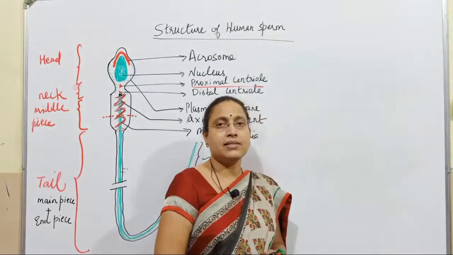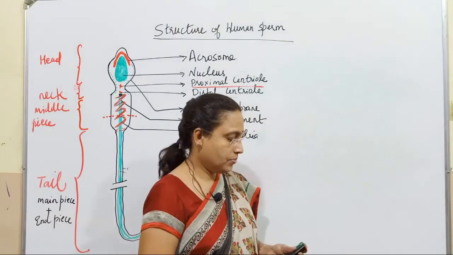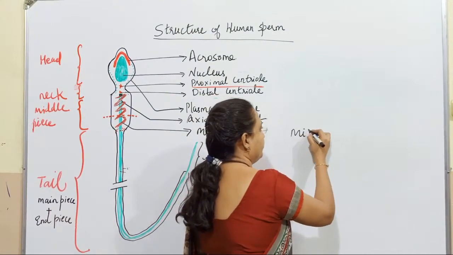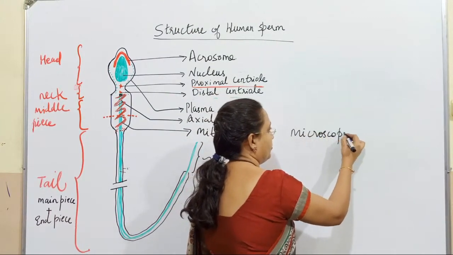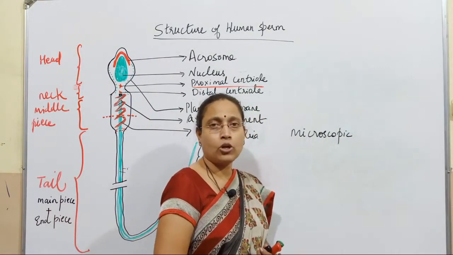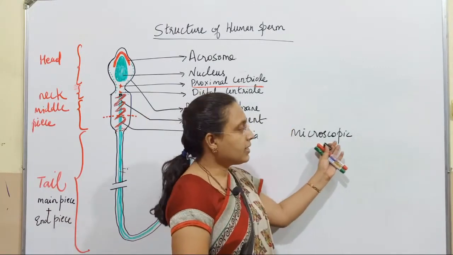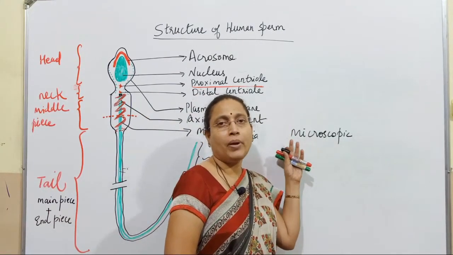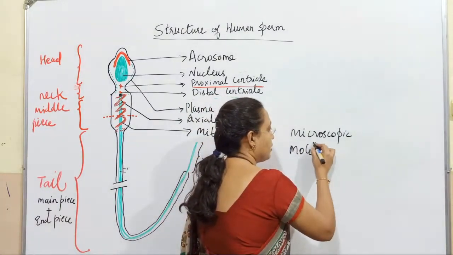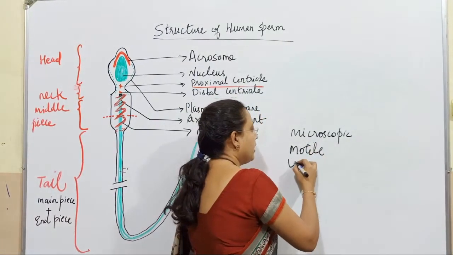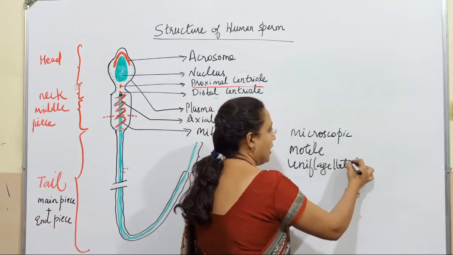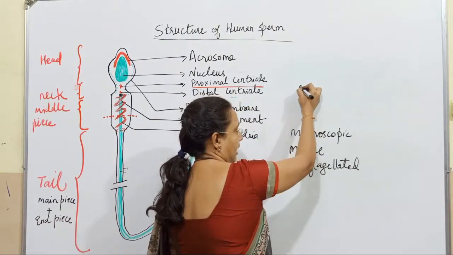Now, can sperm be seen with the bare eyes? Sperms are microscopic, because the width is only up to 3.5 microns. So overall it is a very small microscopic structure. It is microscopic, it is motile, it is uniflagellated, which means it has a single tail.